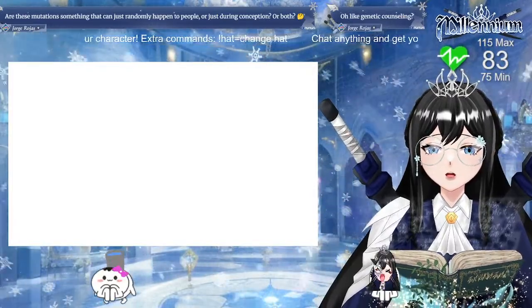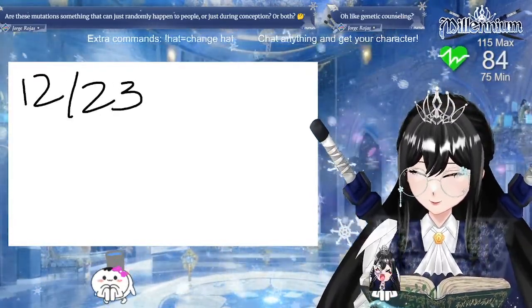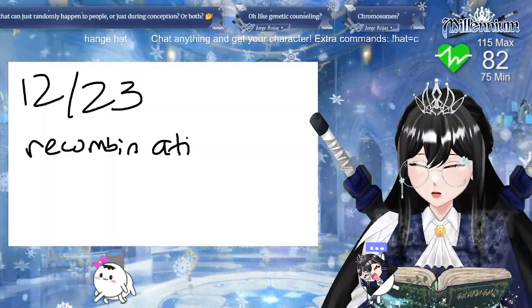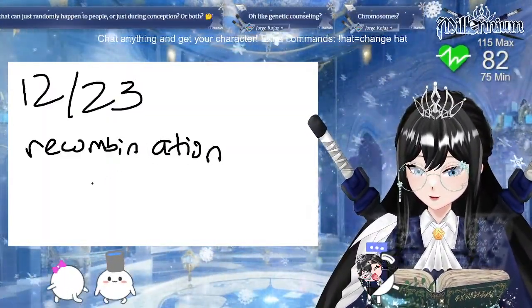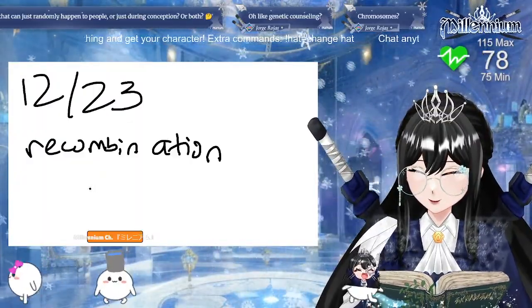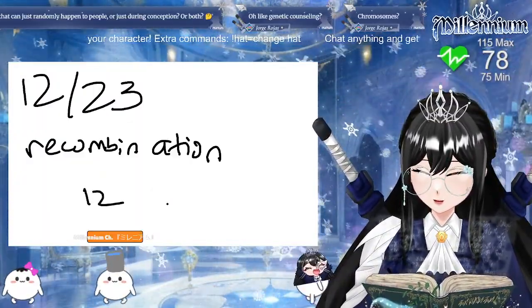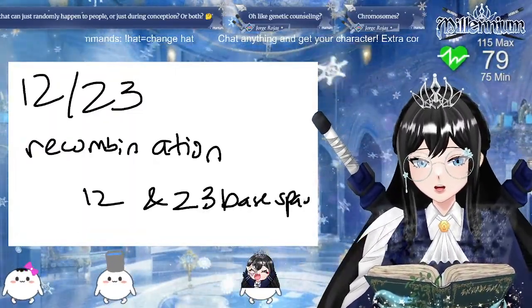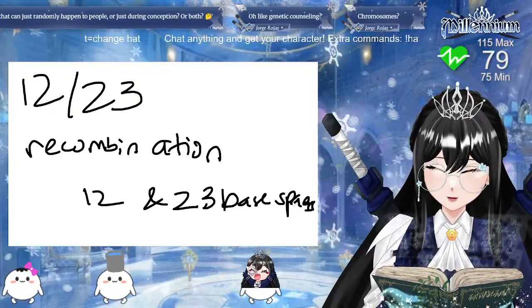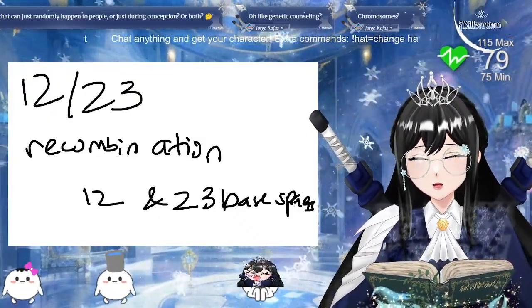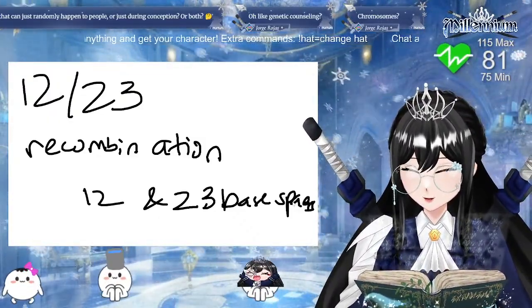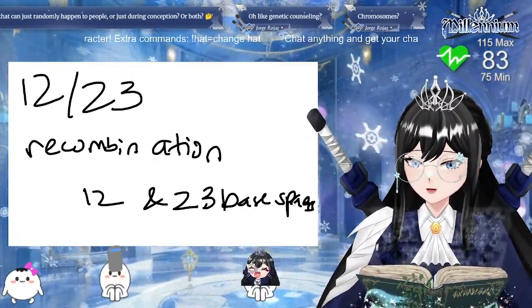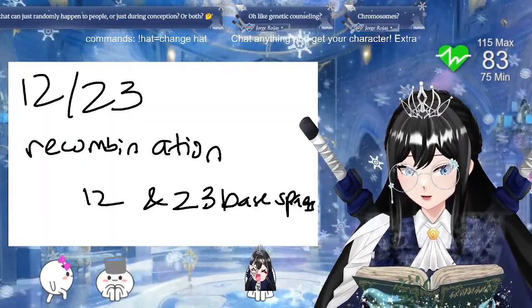The 12/23 rule is about recombination: it can only occur between gene segments flanked by recombination signal sequences with 12 and 23 base pair spacers. Wow. And how would we test it?